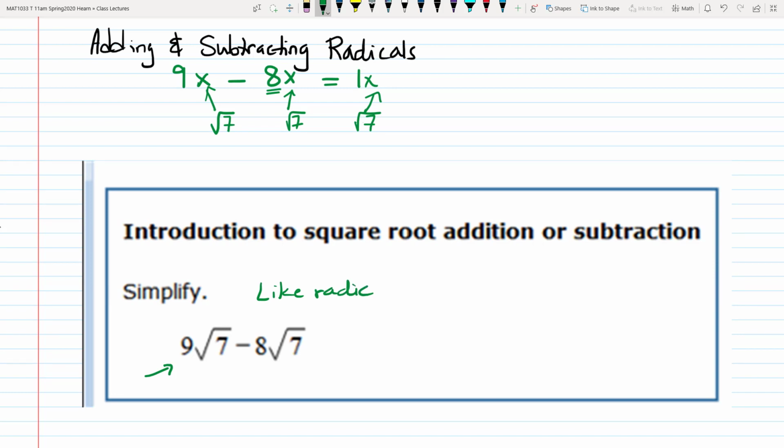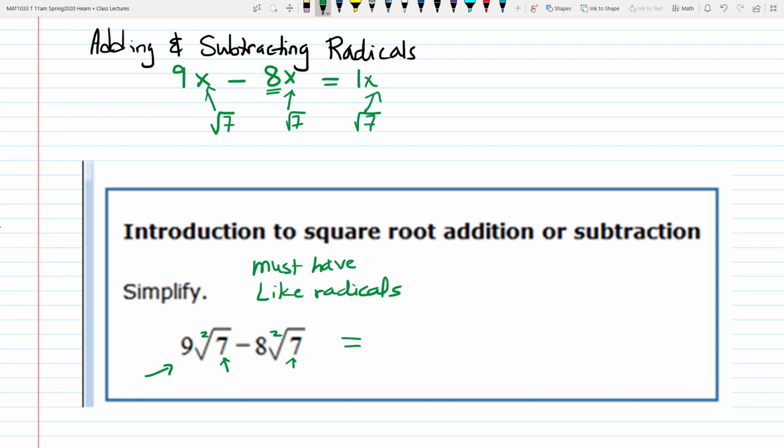And you can only add or subtract when you have like radicals. They have to have exactly the same index, which these do. And they have to have exactly the same radicand, which these do. The 7s are the radicands. And then all you have to do is add or subtract their coefficients as indicated.